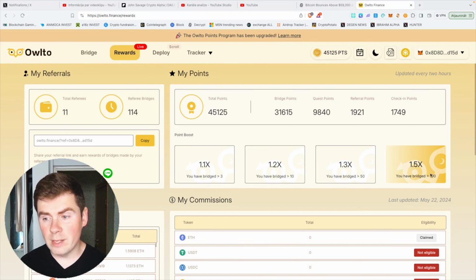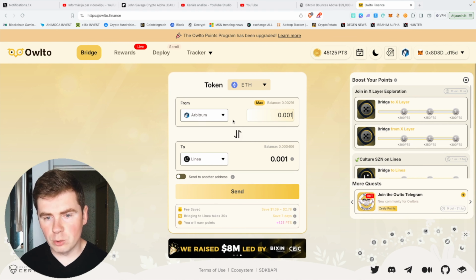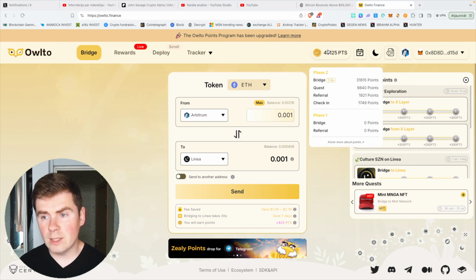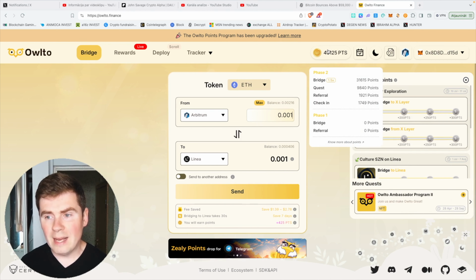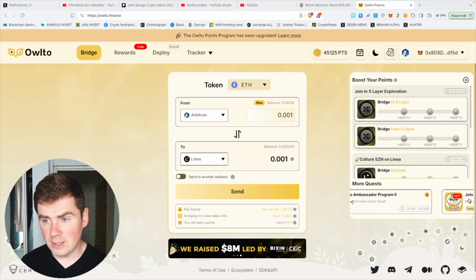I have done more than 100 bridges, so my multiplier right here, you can see, is 1.5x. If you want to bridge from Arbitrum to Linea, you will get around 200 to 400 points per bridge. So if you want to collect a bigger airdrop, you will want to do as many bridges as possible. And yeah, that's basically it for this video.